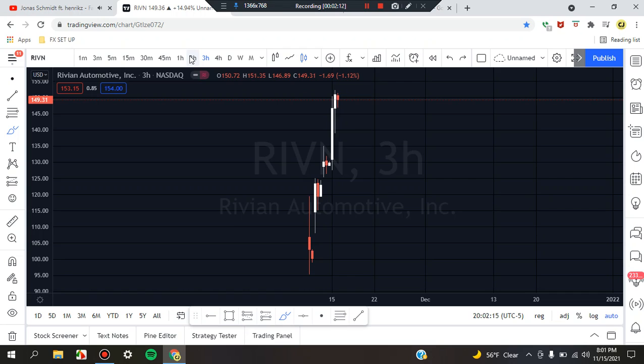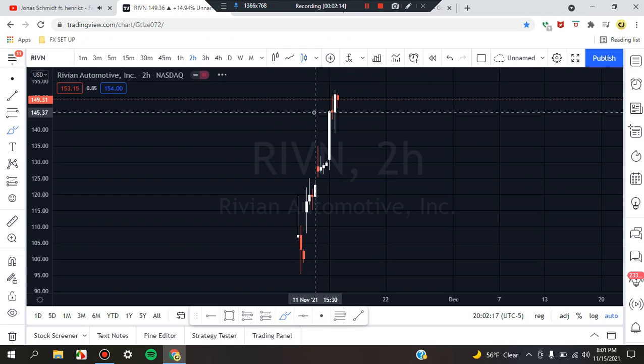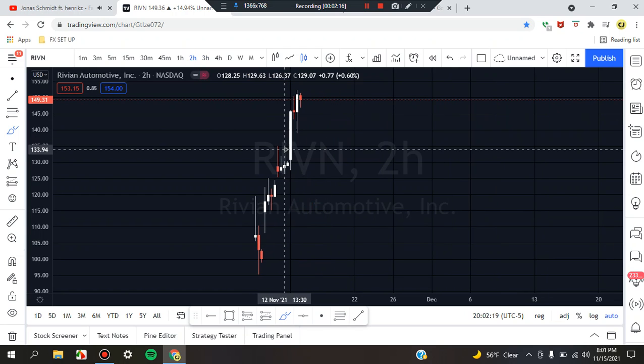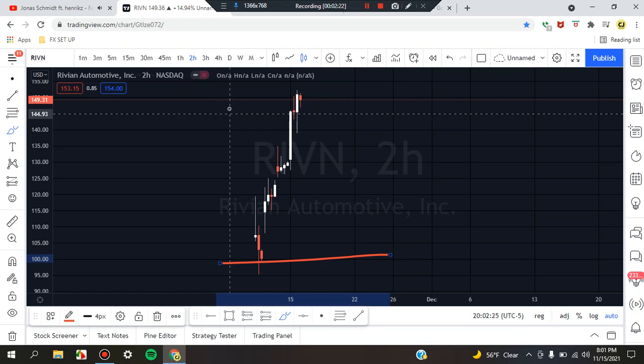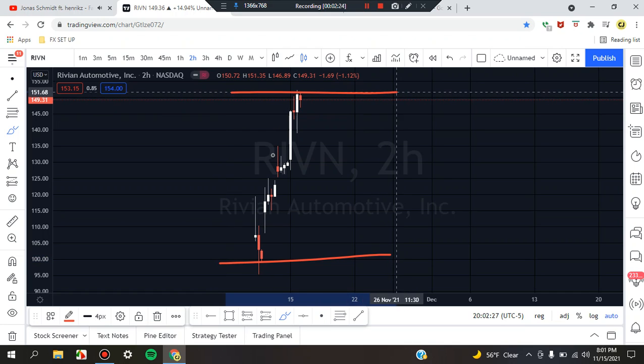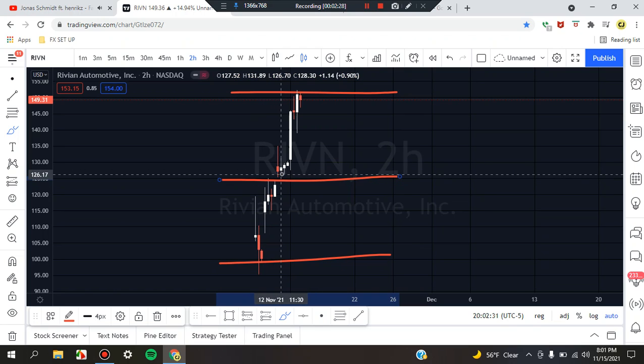Let's head down to 2. So we have lower lows, higher highs. Grab the midpoint, it's a perfect midpoint with this level here.